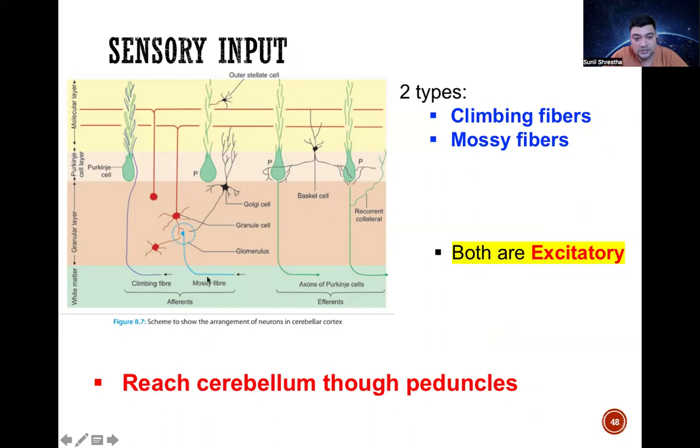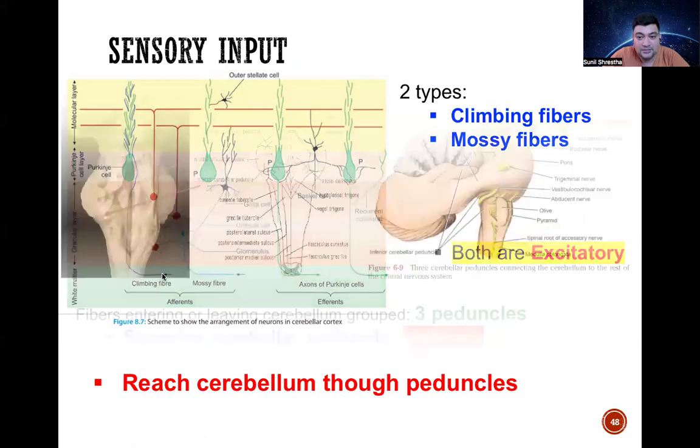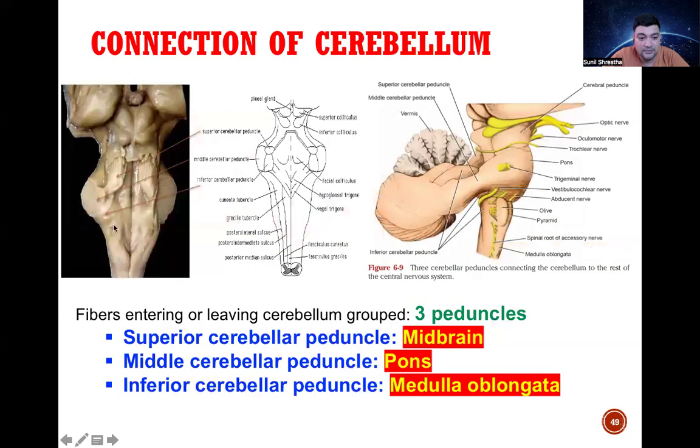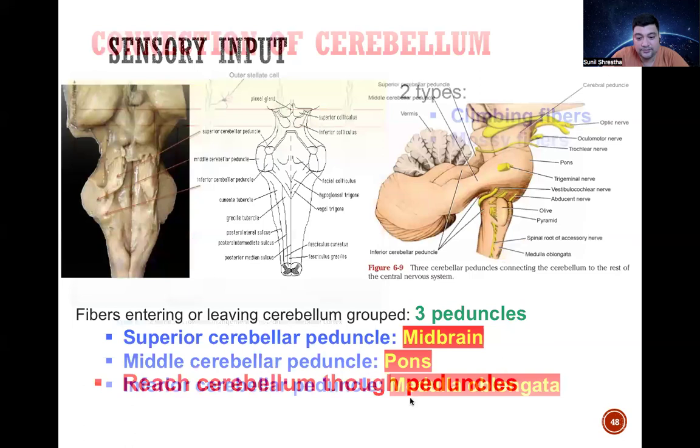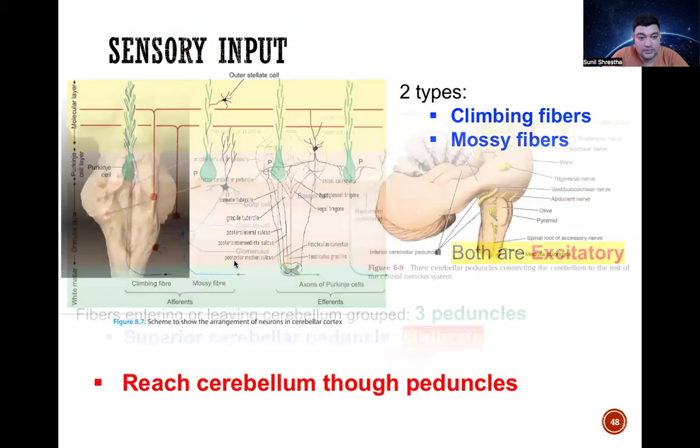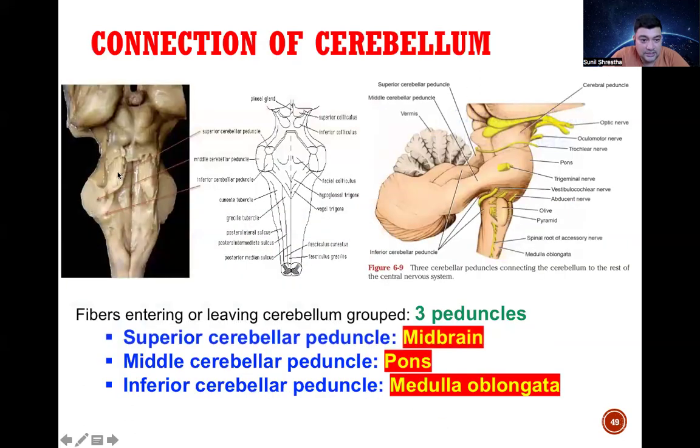If you see these two types of cells, both are excitatory neurons, and they reach the cerebellum through the peduncles. Here you can see there are three types of peduncles: the superior cerebellar peduncle, the middle cerebellar peduncle, and the inferior cerebellar peduncle.